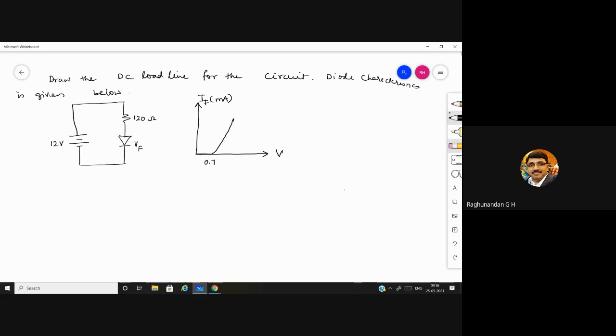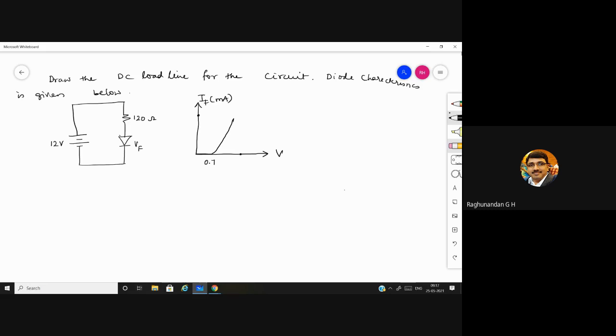Now to this circuit, to draw the DC load line, yesterday we discussed the method. What we do for the DC load line is apply KVL, Kirchhoff voltage law, to the circuit, and from the obtained equation, we find 2 points, 1 point along the y-axis and 1 point along the x-axis.